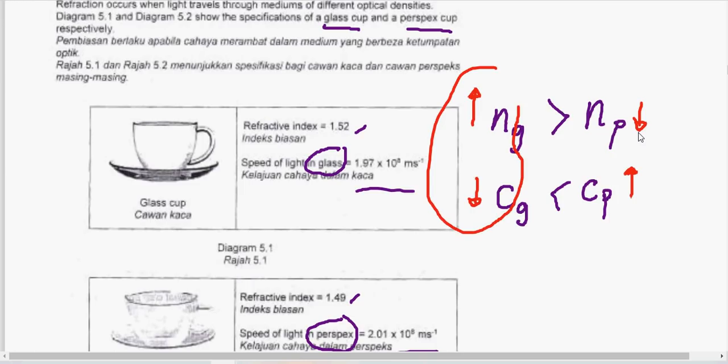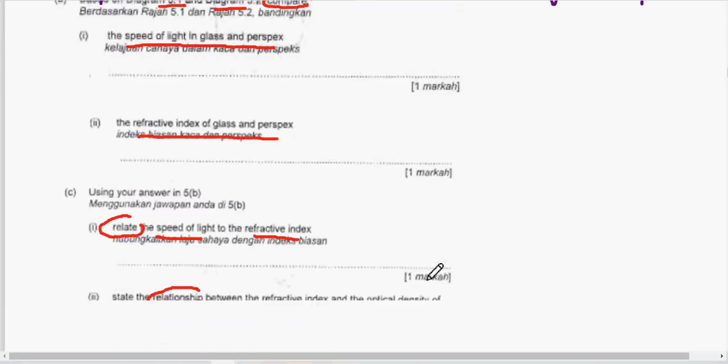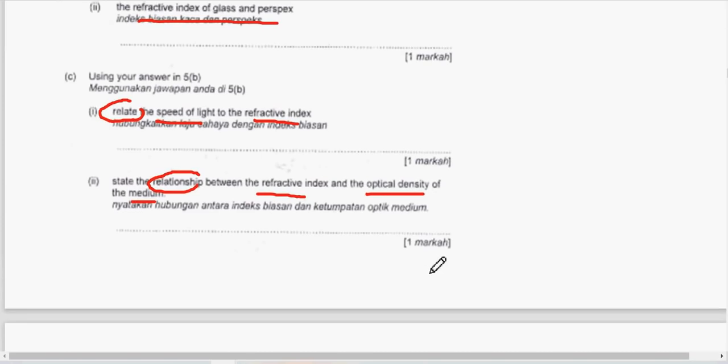You can write, the greater the refractive index, the smaller the speed of light. Okay, the greater the refractive index, the smaller the speed of light. So here you can write greater refractive index, smaller speed of light, don't use symbol like mine.